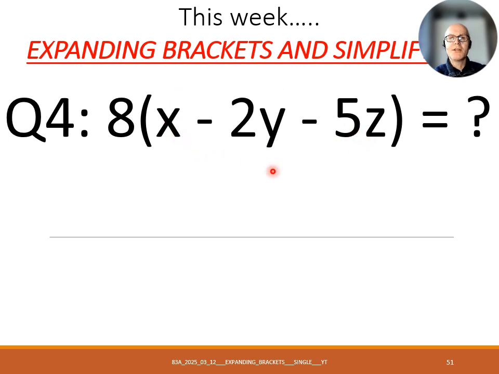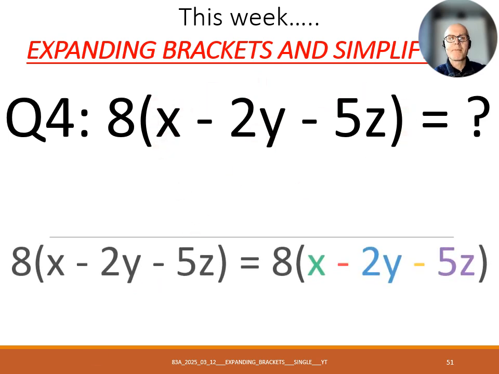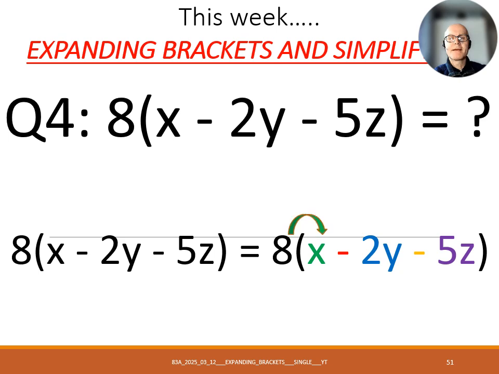This time 3 variables inside our bracket, but still just a single bracket. Color code it up. 8 times the x, 8 times the 2y, and 8 times the 5z.